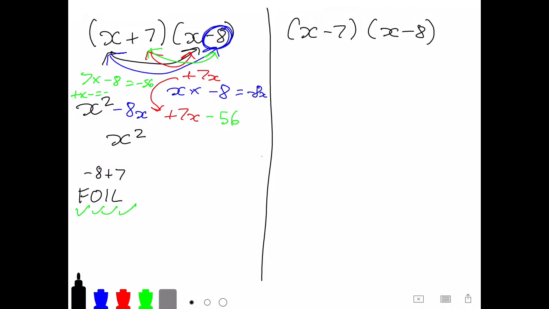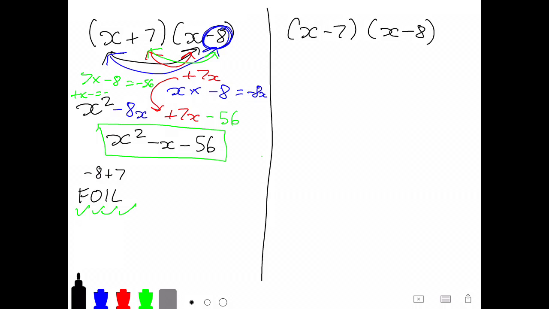So let's write that in. It'd be -1x. But in this case, remember that we don't put 1x, we just put x, so it'd be -x. And then finally, we just have the -56 on the end. And this is our final answer. X squared minus x minus 56. So there you go.